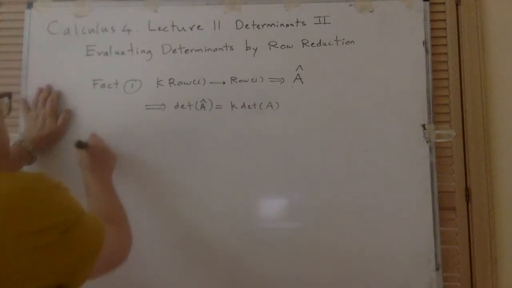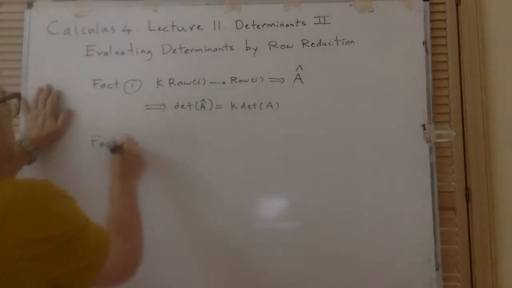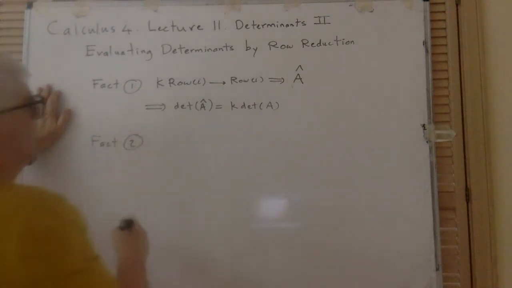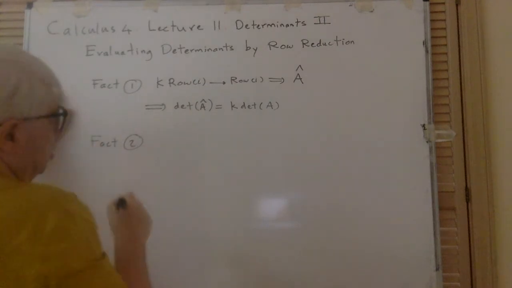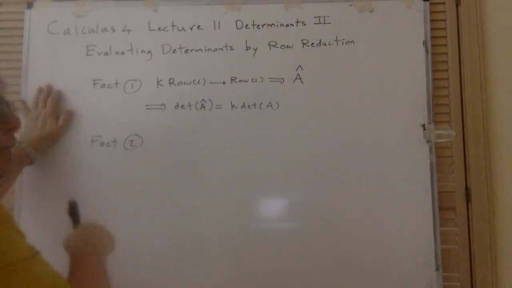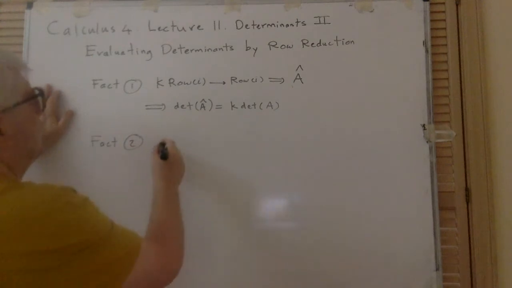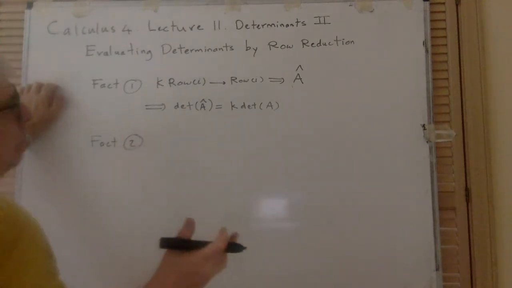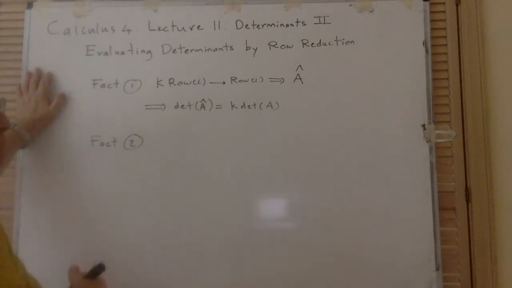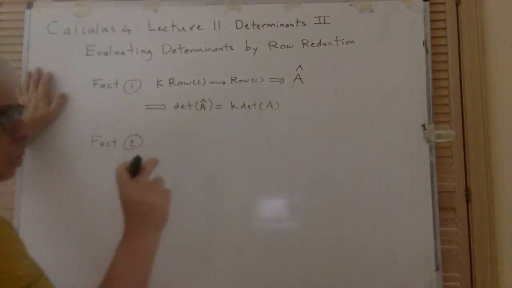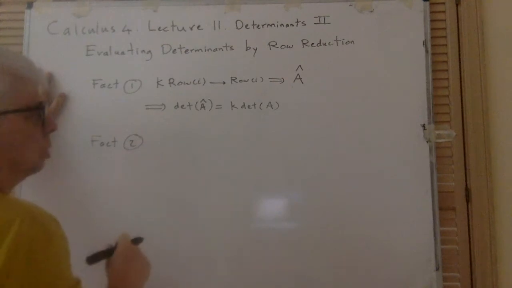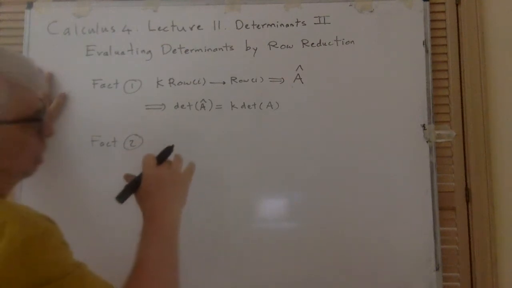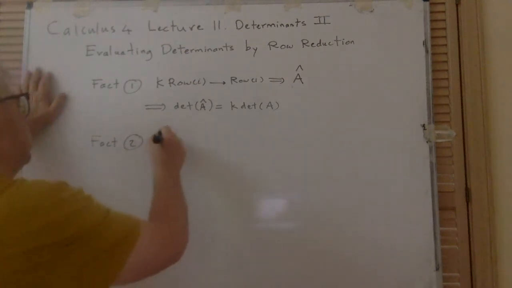Now, fact 2. If a row of a matrix can be decomposed into two parts, then the determinant is decomposed in two parts. Let me write an example.